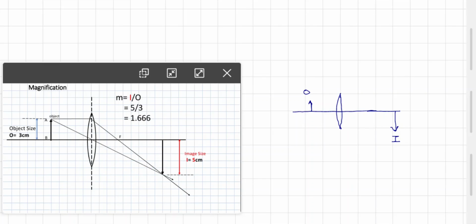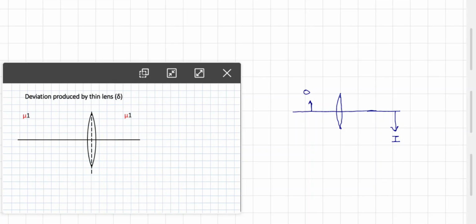This way we can find out the magnification produced by the lens. Now this is the object distance, and from the optical center the distance of the image is the image distance; the ratio V upon U, image distance divided by object distance, also gives us the magnification.